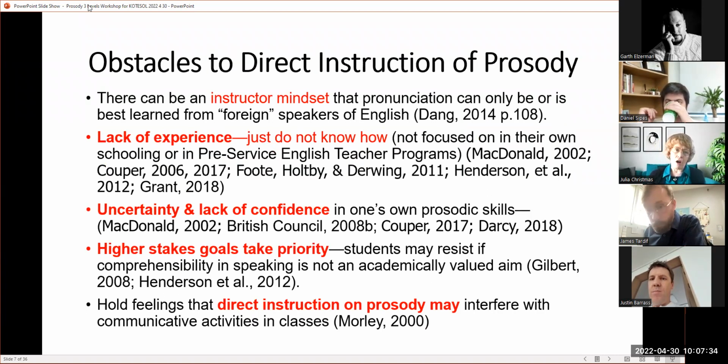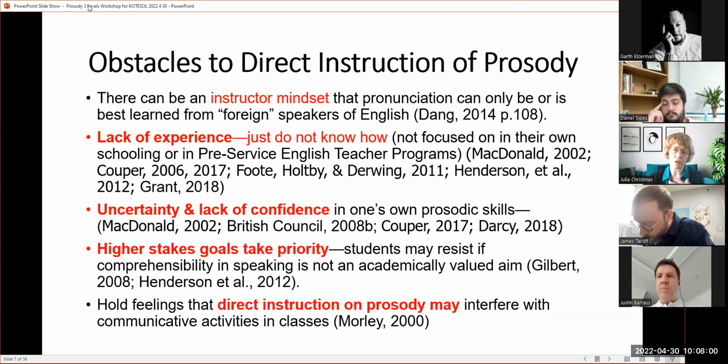There are a lot of obstacles to the direct instruction of prosody. The instructor mindset that it needs to be done by people who are only foreigners, people from other countries, the native speaker fallacy. In my experience, one of the greatest, the literature points to this, but also in my experience, one of the greatest problems is just the lack of experience.